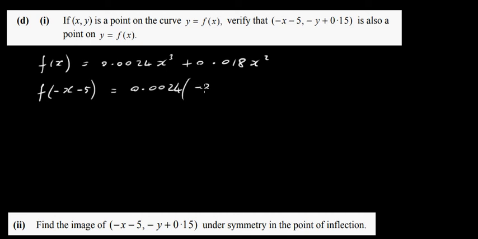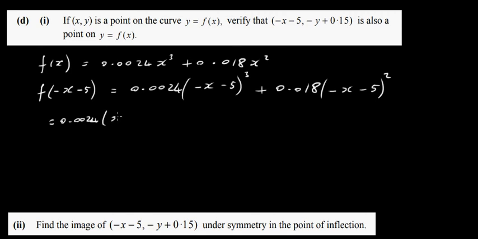0.0024, we've got to put minus x minus 5 in and cube it. Then we have 0.018 here, and we've got to put minus x minus 5 in and square it. So this is just kind of a big tedious question. You've got to multiply this by itself 3 times. So let me just come over here. We will end up with 0.0024.